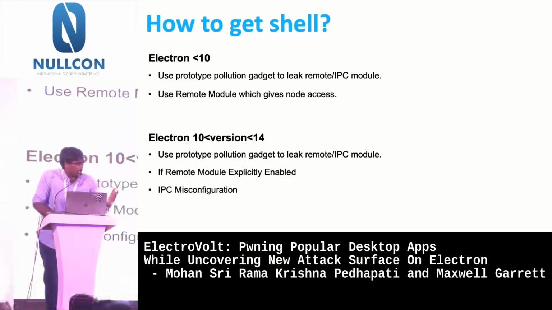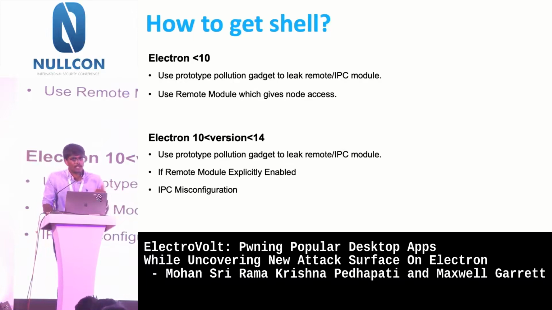So they obviously thought it's not really good to have this remote module, and they put it behind a flag, which means the Electron developer has to explicitly enable it. If the application explicitly enables it, you can use this remote module to pop the calculator, or you can use an IPC misconfiguration, which is similar to the remote module.